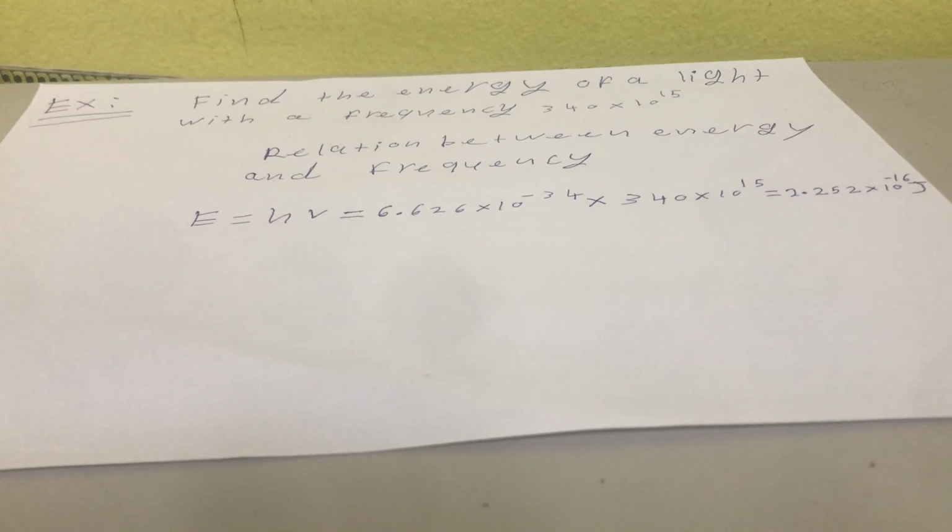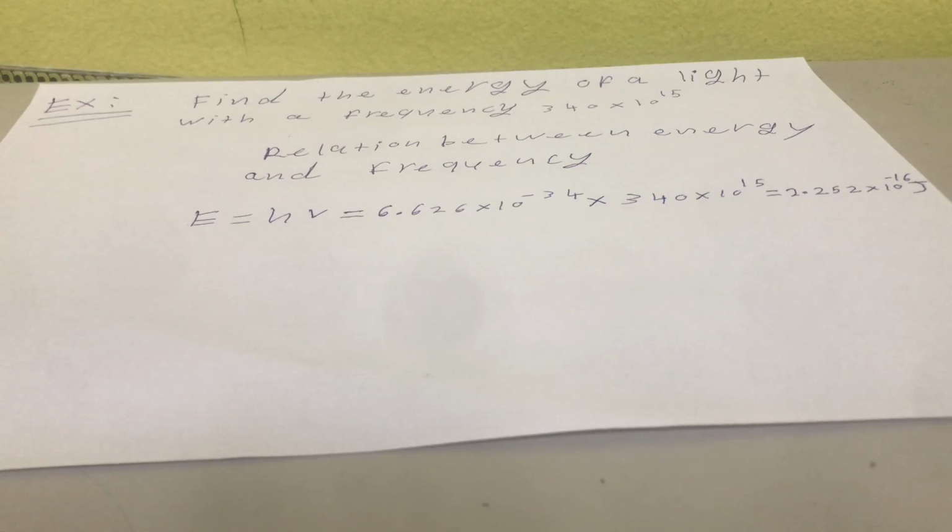Example, find the energy of a light with a frequency of 340 times 10 to the 15. Here we have a relation between energy and frequency, so we use the formula E equals HV, where H is Planck's constant, which is about 6.626 times 10 to the negative 34, times V, which is the frequency.